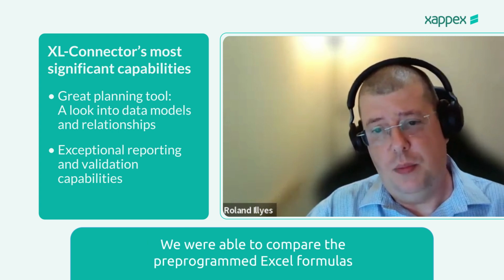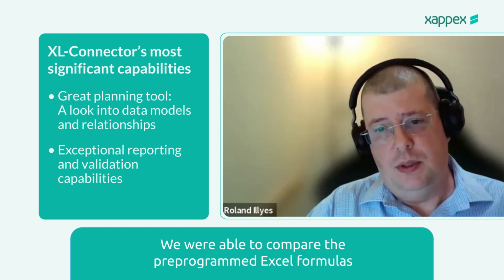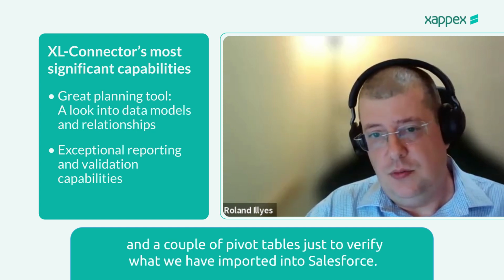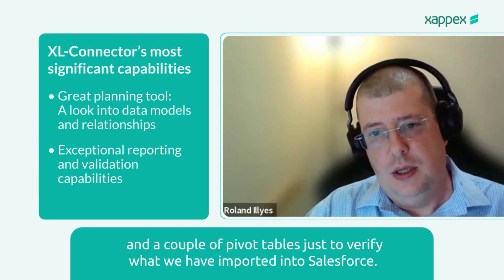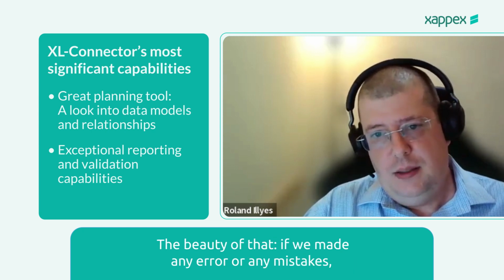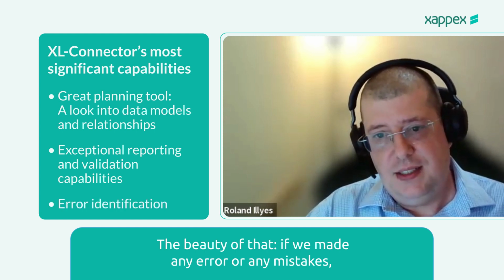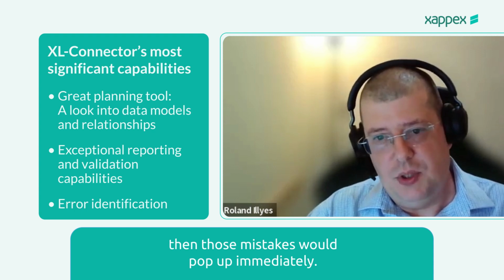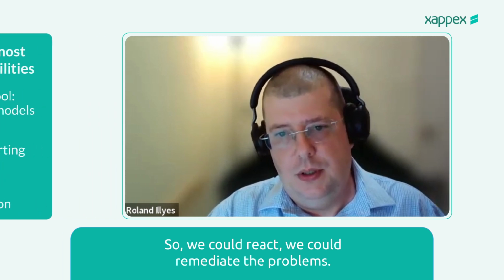We were able to compare with the pre-programmed Excel formulas and a couple of pivot tables just to verify what we have imported into Salesforce. The beauty of that, if we made any error or any mistakes, then those mistakes would pop up immediately, so we could react. We can remediate the problems.